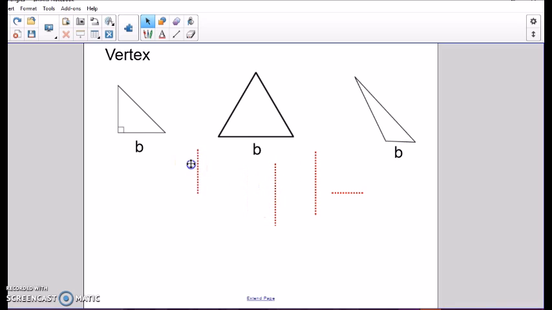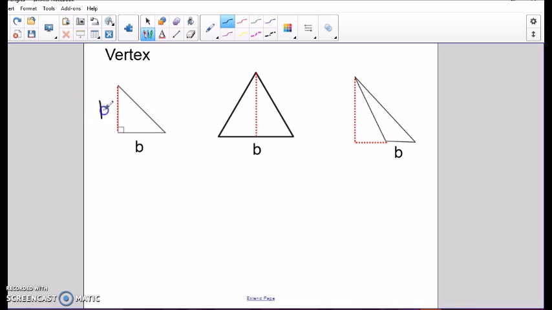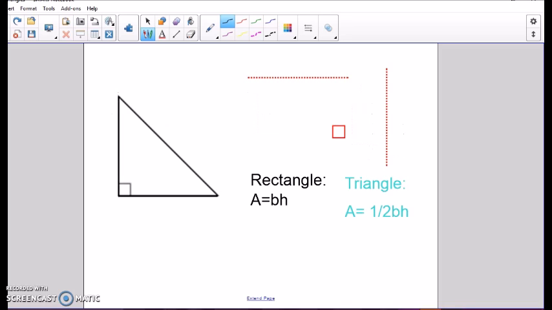For this one, the vertex is going to be on the side, so this is going to be the height. This one, the vertex will be in the middle. And for this one, it is going to be off to the side, just like that. So now, this would be my height, this would be my height, and this would be my height. And then from here to here will be X, but we'll get to that a little bit later.